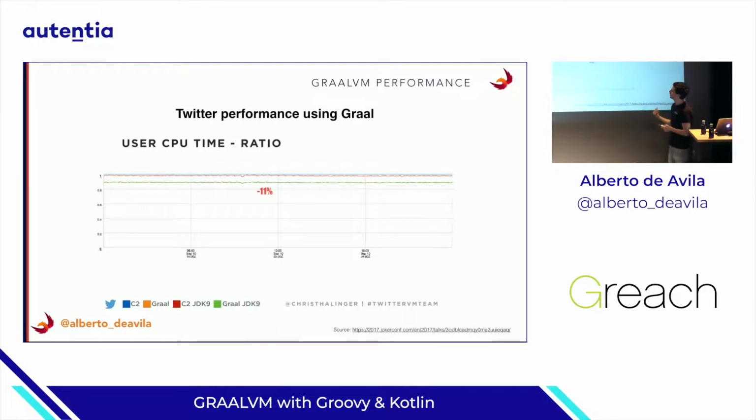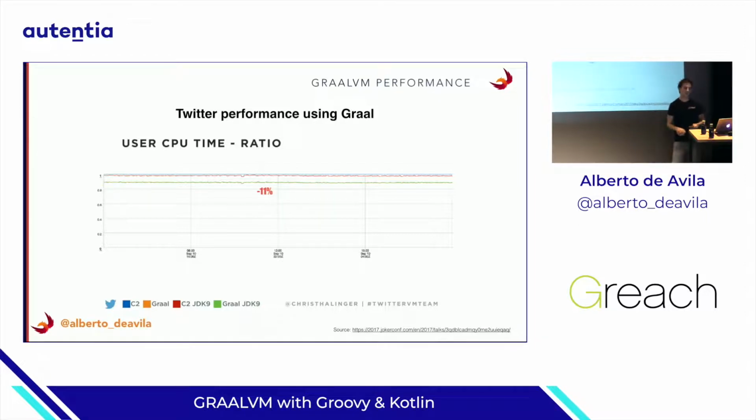This is a graph from a presentation by a Twitter engineer, explaining that they are using Graal in production now, and they are obtaining more than 10% better performance than using JDK 9.